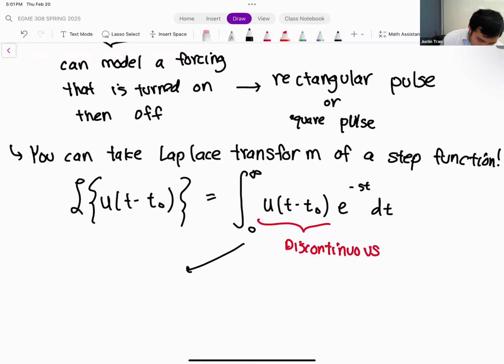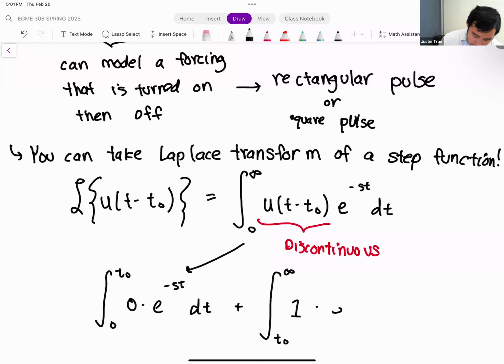Okay, so this is going to break up into the integral from 0 to t naught, where during this stage from 0 up until t naught the step function is 0, times e to the minus st dt, plus the integral from t naught to infinity of 1 times e to the minus st dt.